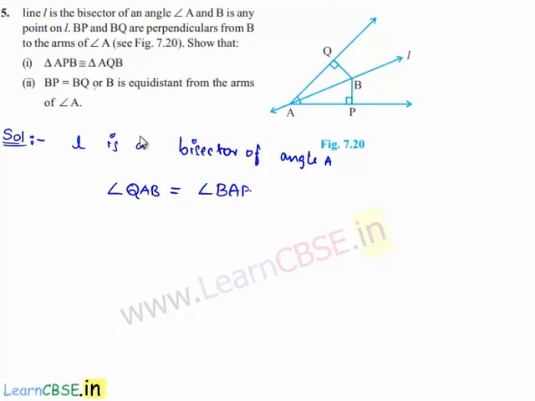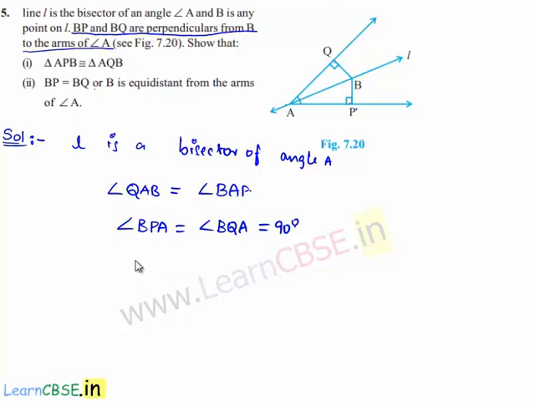Next, he has also given that BQ is perpendicular to AQ and BP is perpendicular to AP. That is, angle BPA will be equal to angle BQA, that is equal to 90 degrees. He has given the statement that BP and BQ are perpendiculars from B to arms of angle A.